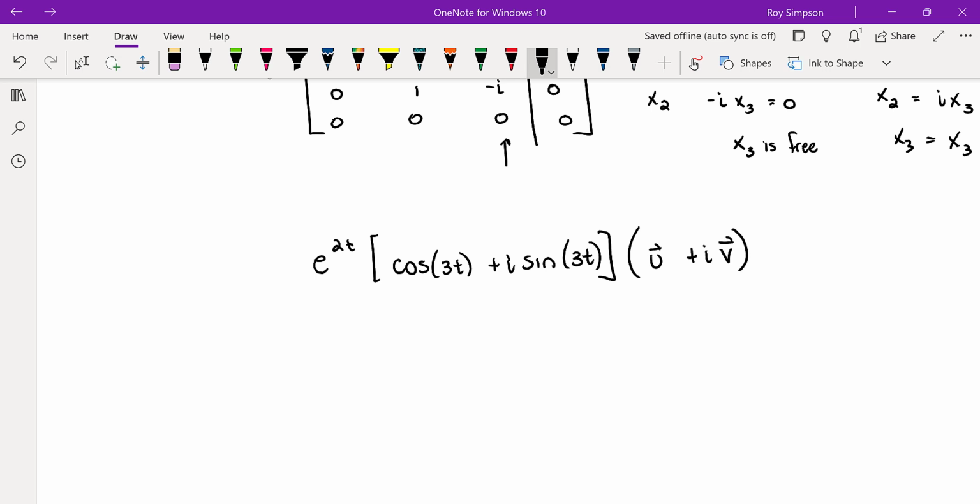And what we're going to do is distribute through and collect the real and imaginary parts. The real parts I'm going to throw into the first linearly independent solution, and the imaginary parts I'll put into the second linearly independent solution.